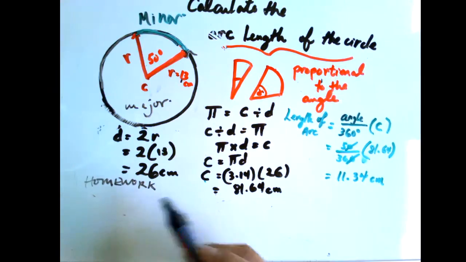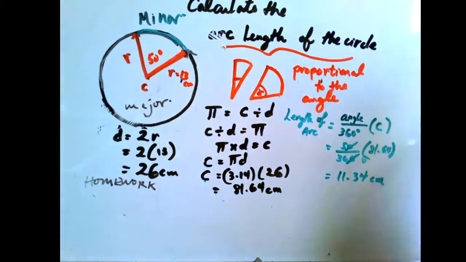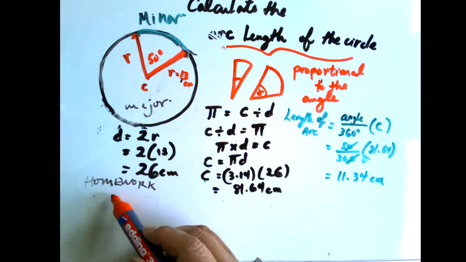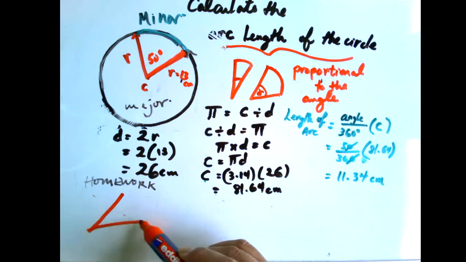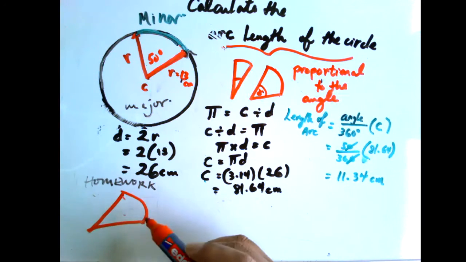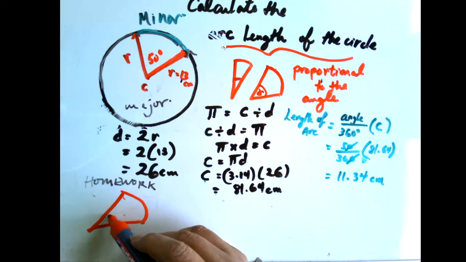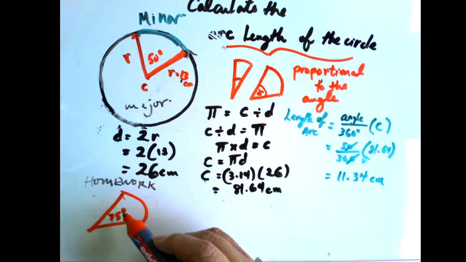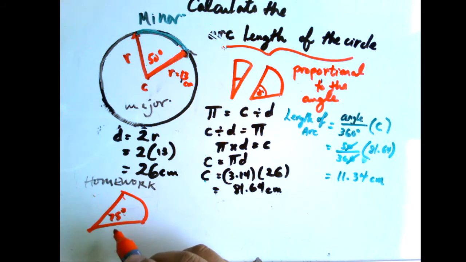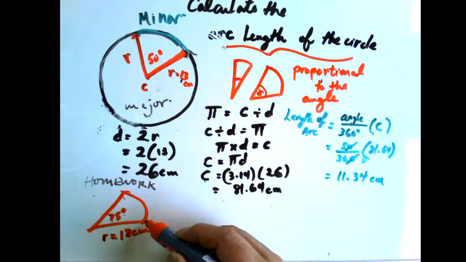Homework is that if you have this angle here, and that is an angle of 75 degrees, and you have a radius of 18 centimeters, what is the length of that arc?